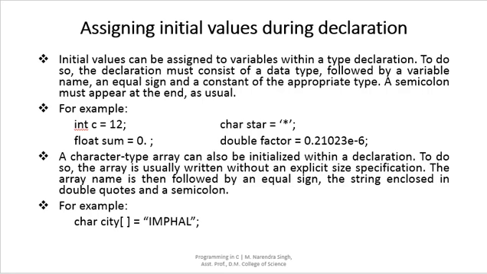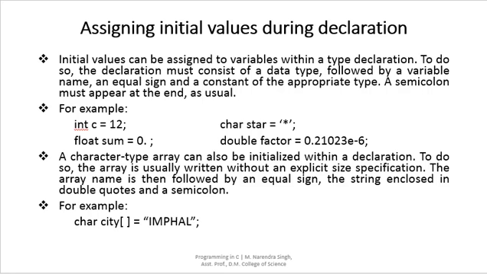The next statement char star = '*'; declares the variable star to be of char data type, and at the same time it is being assigned the character constant star. The next statement float sum = 0.; declares the variable sum to be of floating point data type, and at the same time it is being assigned a floating point value of 0.